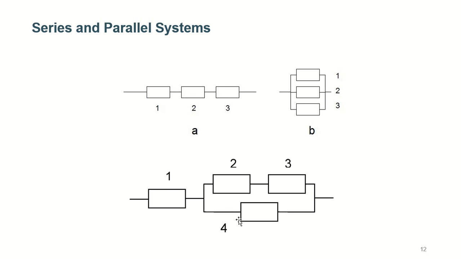As you can see here in this figure down here, we have a combined arrangement. In some systems we have to take series and parallel arrangements together, and we can find the resultant reliability using a step-by-step solution and gradual simplifications, the way we solved for series first and then again for parallel, right? So what can we do?